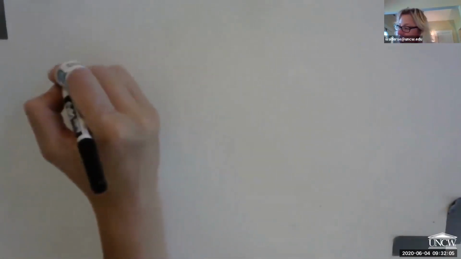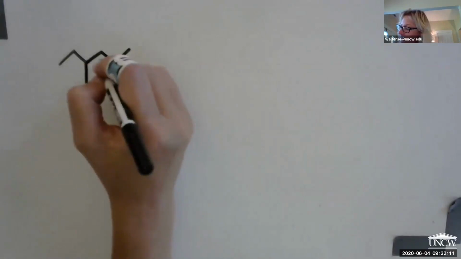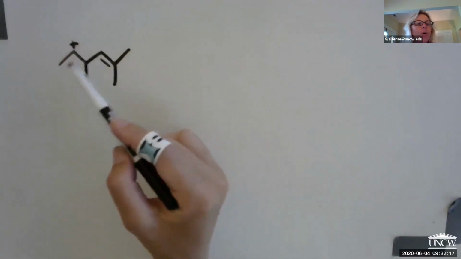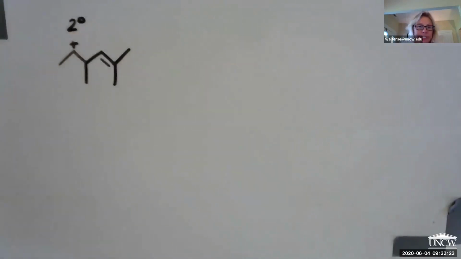All right. So let's say that we have a reaction that results in the formation of this carbocation. So we have a carbocation originally in a secondary position.